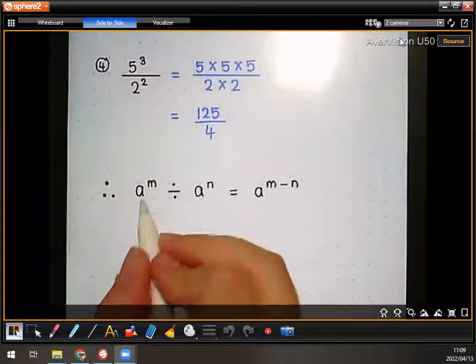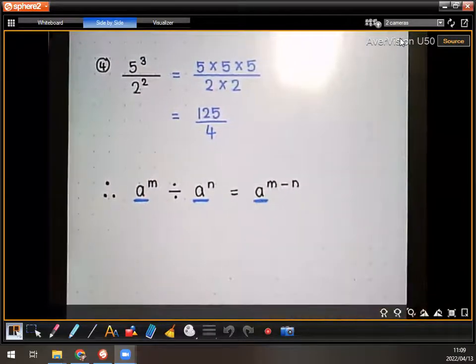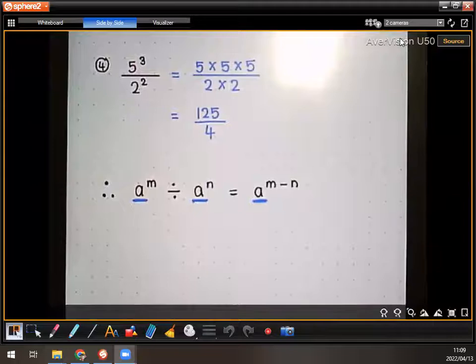Let's make a note because it is very important. It's the key to actually being able to use this rule. You have to have the same base. You can only do this if the bases are the same.